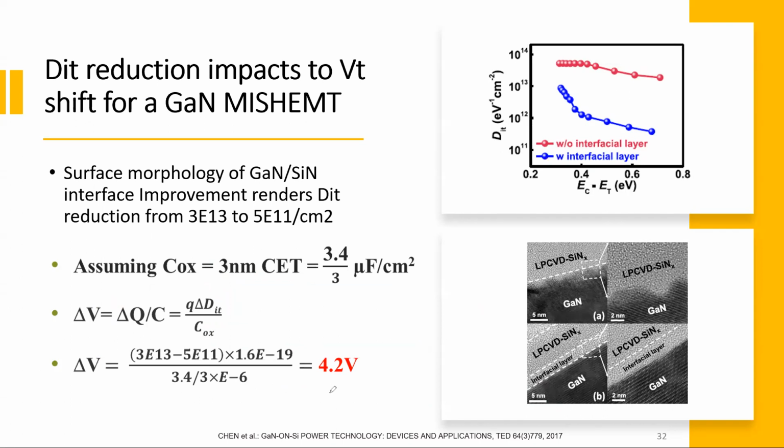It goes in a direction you don't want by a couple of 10 to the 11 per centimeter squared defects. So this tells you the importance of interfacial defects, which can change your VT so much and make your nightmare.